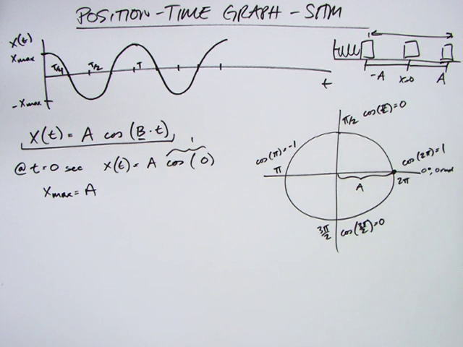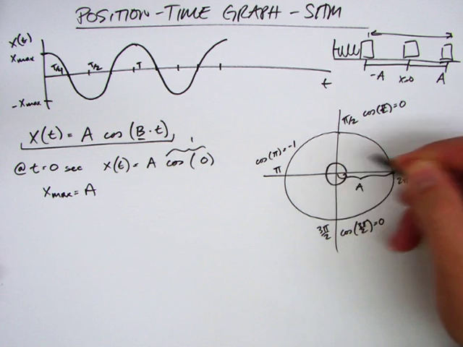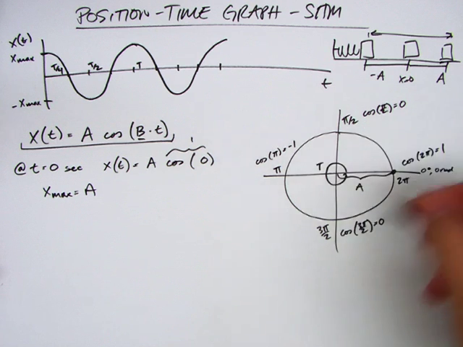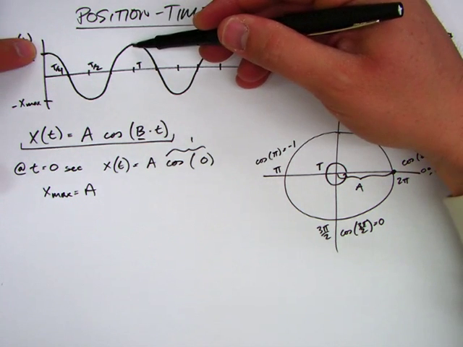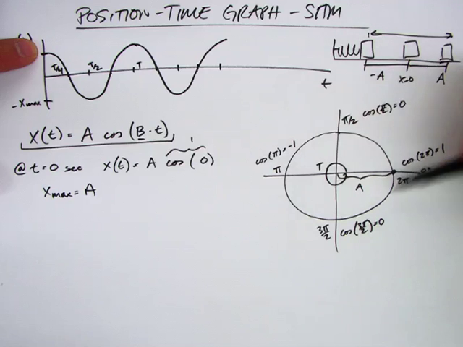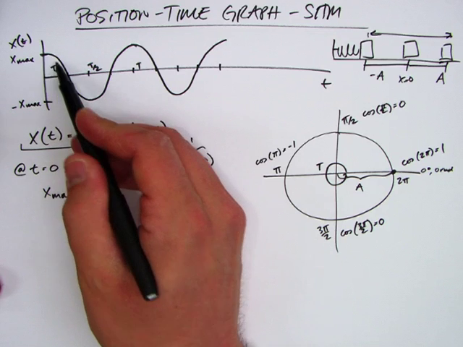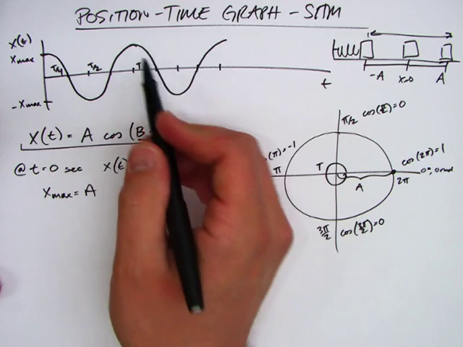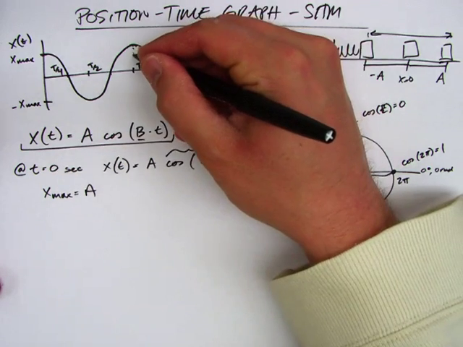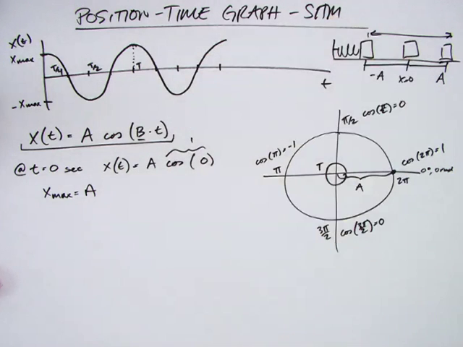Well, we also know that the period of one revolution is the time it takes to complete a 2 pi cycle. So I can relate the period of my cosine graph to the period of a circle. So how does that help? Well, I see that in my simple harmonic motion, I come back to the same place I started every T seconds, so every full period.